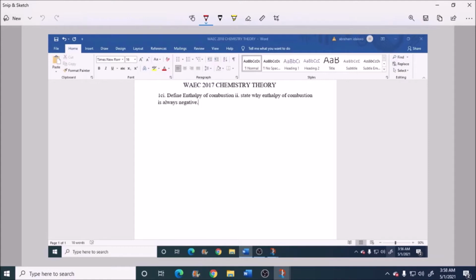So for question 1C, Roman figure 1, we have to define enthalpy of combustion.